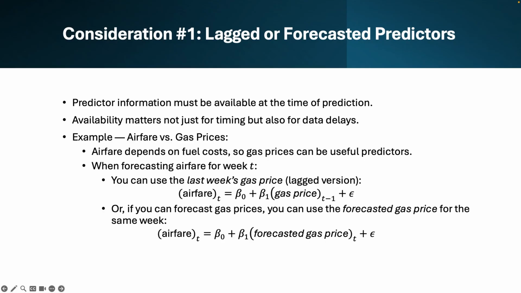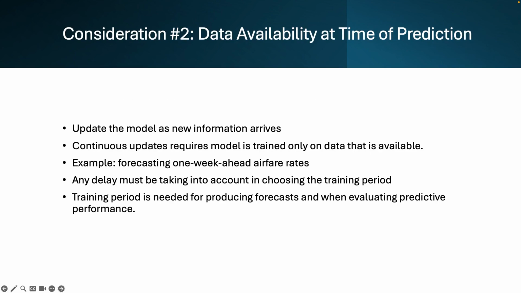So using forecasted predictors requires an additional forecasting model. And remember, because it's forecasted, you have to have another model for the external variable. It's more complex, but it's a more powerful method. The second consideration is data availability at the time of a prediction with time series forecasting.